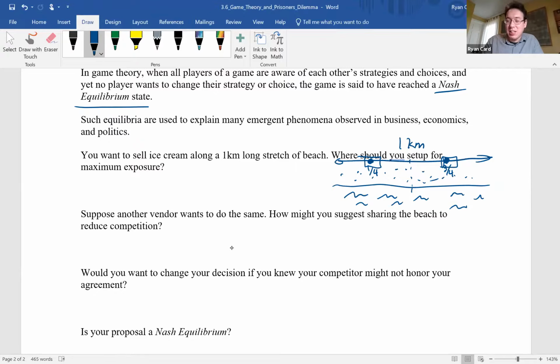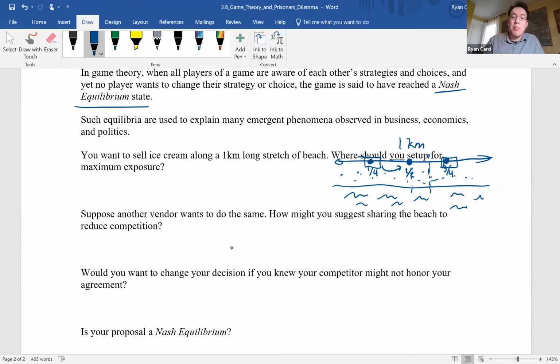Because if, let's say, you move your store to halfway through the beach, and assuming that beachgoers will go to the closest ice cream vendor, then now you'll split the beach like this. Right? So you'll get your half of the beach and some more. So I guess the most efficient way to split the beach is not a Nash equilibrium.